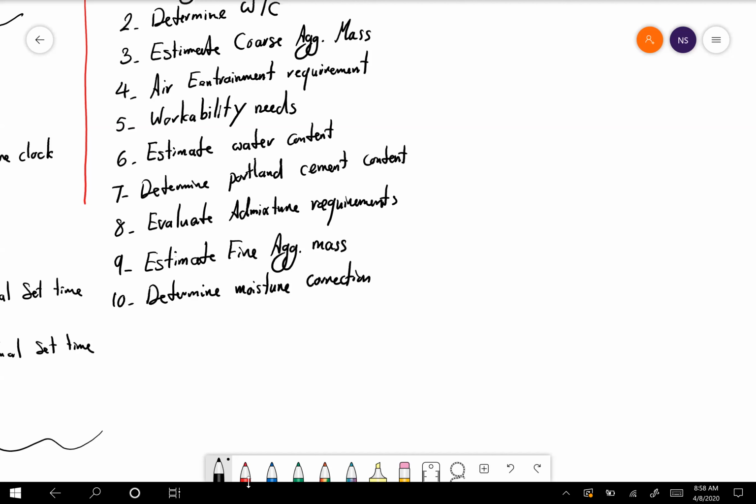Because your aggregate might already have moisture content in it, so you need to estimate how much more or how much less water you need to add. And then the last one is to make a trial mix and see how that works. And if it works fine, then we can go for the batching process and mass production in the plants. Okay, so I'm going to stop recording now.